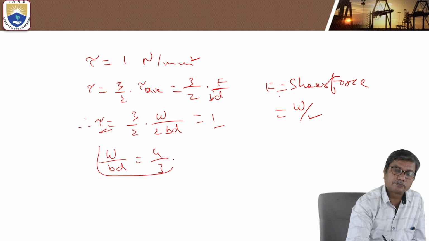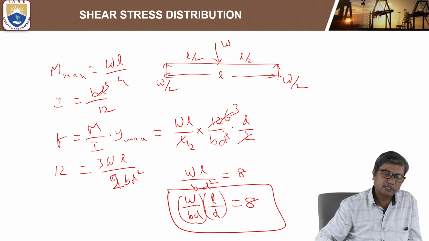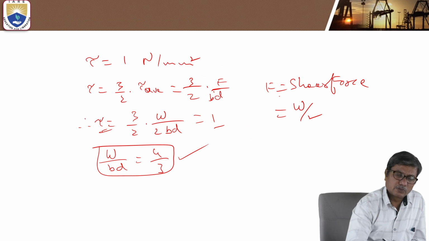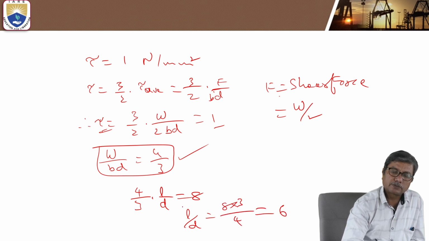Now we substitute this value of W by BD in the previous expression, W by BD into L by D. So W by BD, that is 4 by 3 into L by D, is equal to 8, or L by D is equal to 8 into 3 by 4, that is 6.